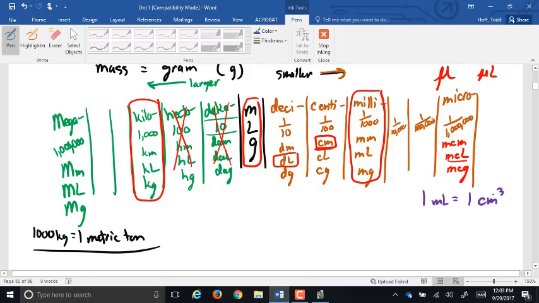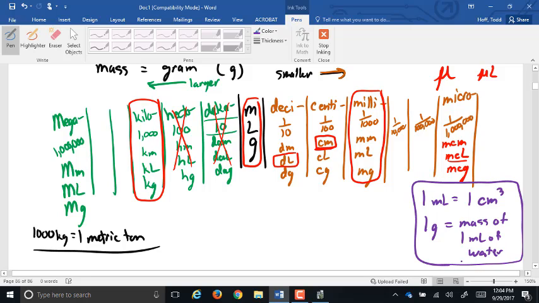So 1 centimeter by 1 centimeter by 1 centimeter is a milliliter. 1 gram is equal to the mass of 1 milliliter of water. So the units of length, capacity, and mass are related to each other. So you can very quickly convert between them even.